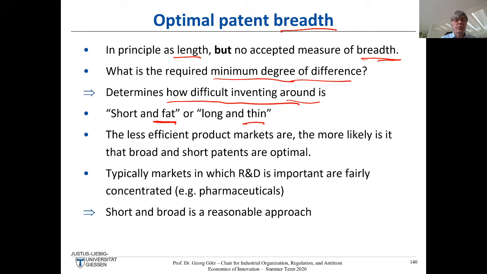And just to cut that short, the point is that if you have very efficient product markets, it's better to have a short and fat patent, because then you don't have this duplication of efforts and so on, because it doesn't pay to invest so much for this short period.